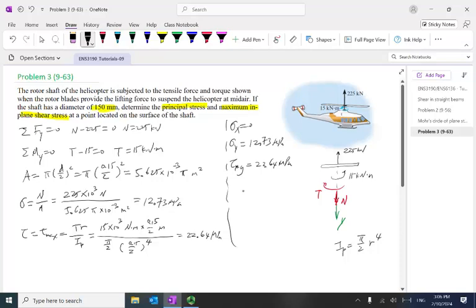We work out the center of the circle, which is sigma average. How much? Half of 0 plus 12.73 equals 6.366 megapascal. So the center C is equal to 6.366, 0. You must write down this one, get a mark.